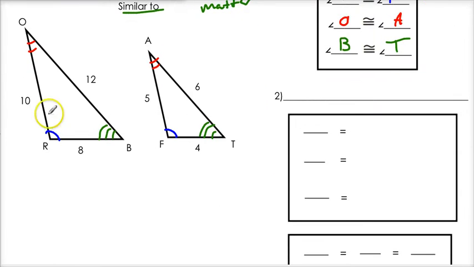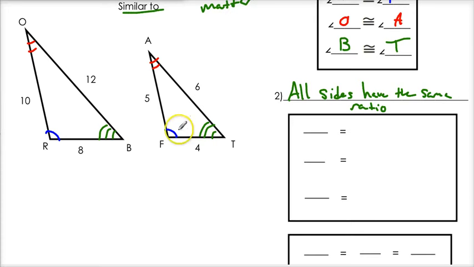Now, the sides are not congruent, but all the sides have the same ratio. All sides have the same ratio. And what does that mean? Well, let's check it out.